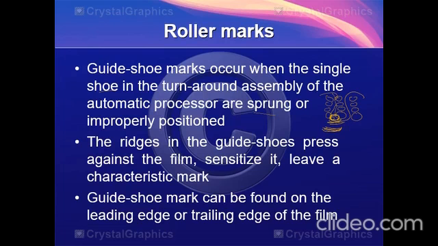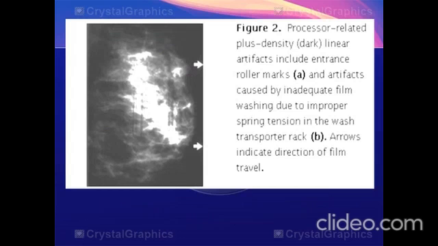Yung emulsion is nadadamage at some point, and it will leave a characteristic mark. Guide shoe marks can be found on the leading edge or trailing edge of the film. Okay? So, katulad nung nakita natin kanina, dun sa may black arrow, may line siya. Those are examples of guide shoe marks.